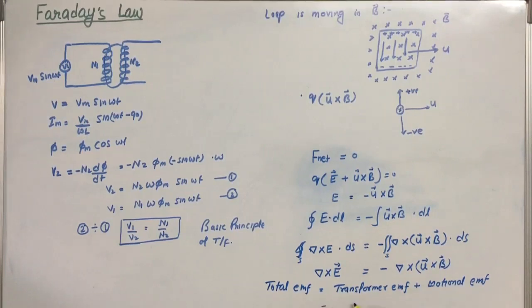So it can be written as the transformer EMF, which is the change in magnetic flux density, plus the motional EMF, which should be minus, U cross B. So this is the total EMF, that is, the curl of the electric field in any material is the total EMF, which is the combination of the transformer EMF and motional EMF. So these are all about Faraday's law.